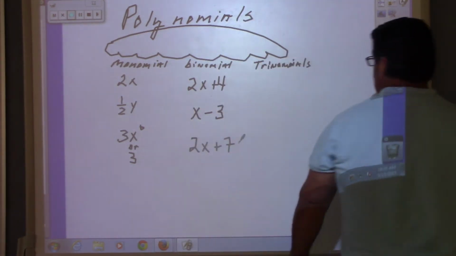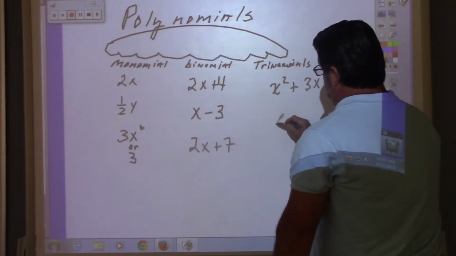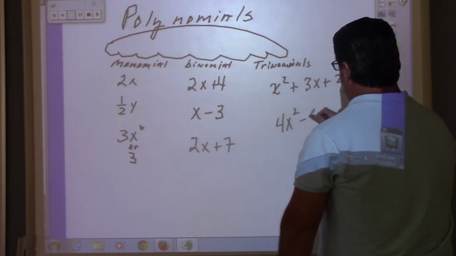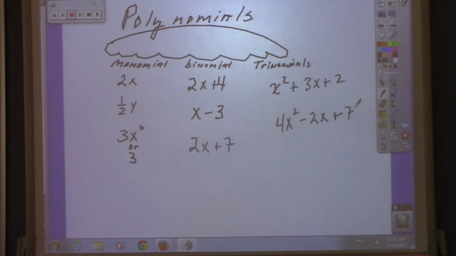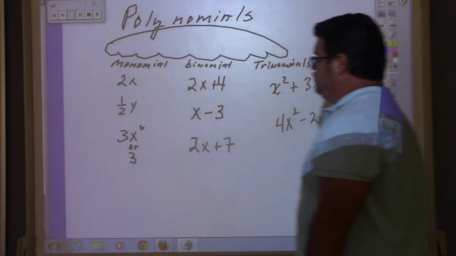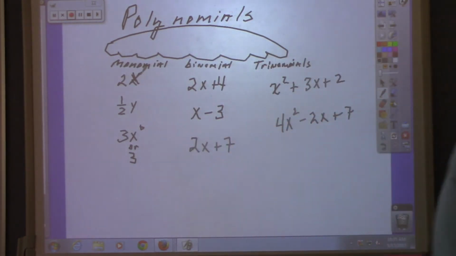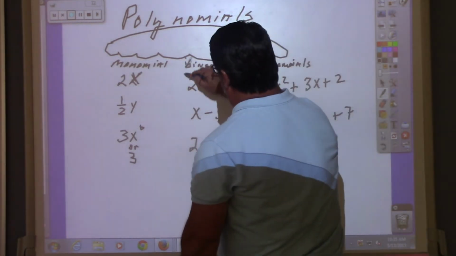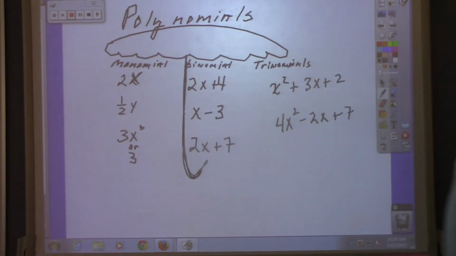And of course the trinomials are x squared plus 3x plus 2, 4x squared minus 2x plus 7. Dang, I forgot the hand. And of course, a polynomial would be 4 or 5 terms. You call it a 4-term polynomial, 5-term polynomial, 6-term polynomial, and so on.